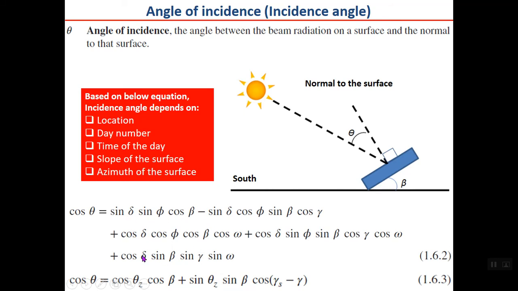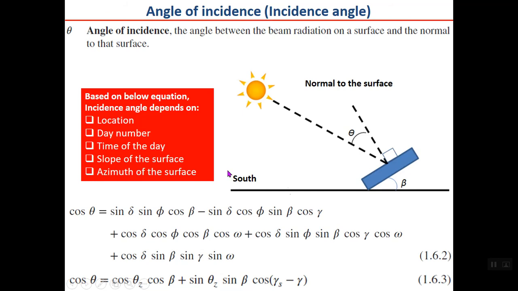There are some parameters in the equation which theta depends on. The first is the location. For example, you can see phi here, which shows the latitude of the location. The day number is important, by which you can calculate delta.